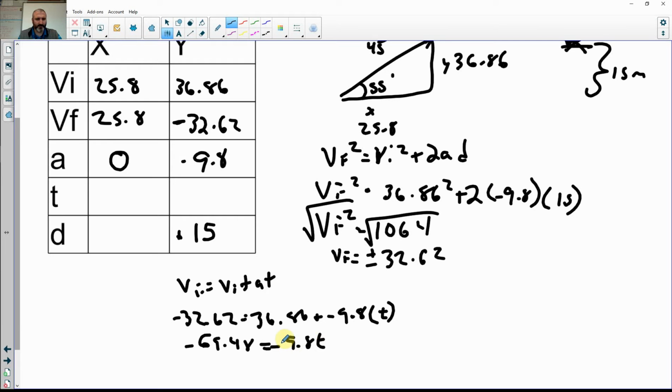Divide both sides by negative 9.8, and we should end up with 7.09 seconds. So time is 7.09 seconds.